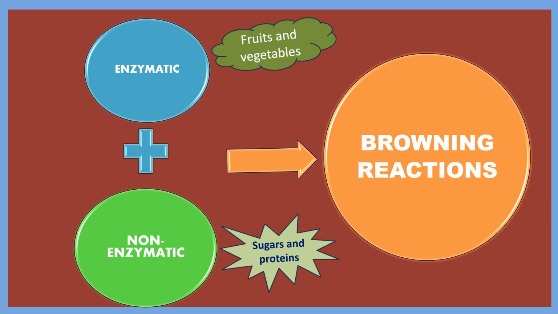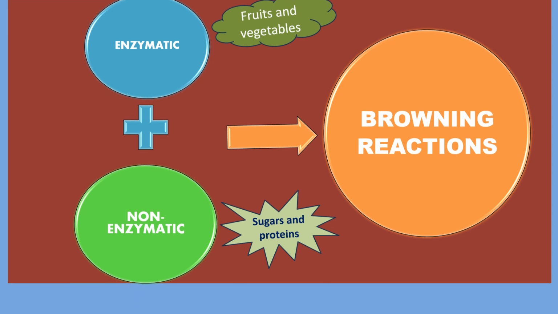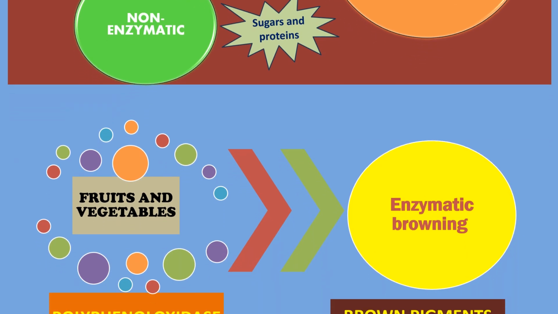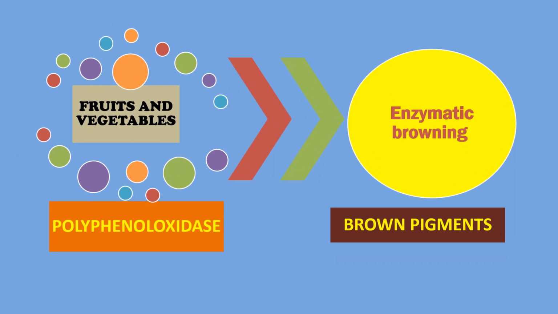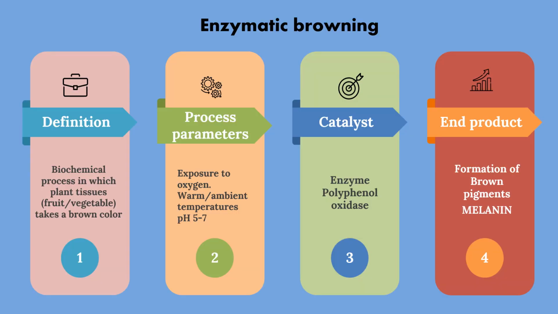Let us look at browning reactions happening because of the enzyme polyphenol oxidase, which is naturally present in fruits and vegetables. As mentioned earlier, this type of enzymatic browning results in the formation of brown pigments whenever there is an exposure to air.